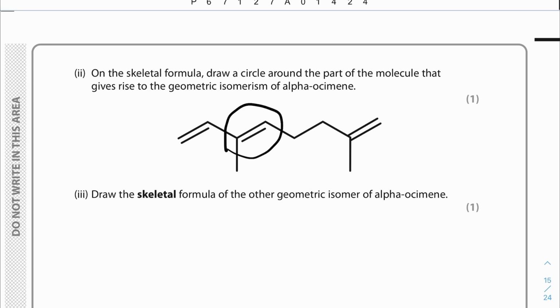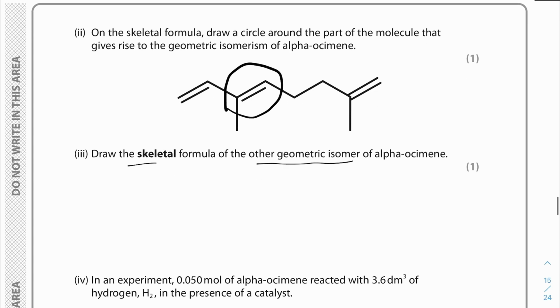Now it says draw the skeletal formula of the other geometric isomer. So what will happen is that, let's say we keep this as it is. I'm going to draw this as it is. So this, and this. But now we have switched it around, so now we will have one big one over here, and this will be this.